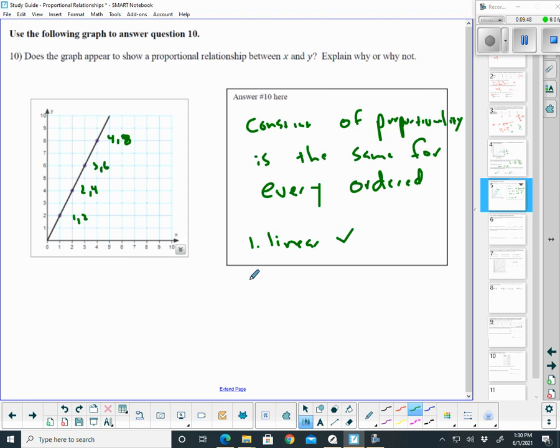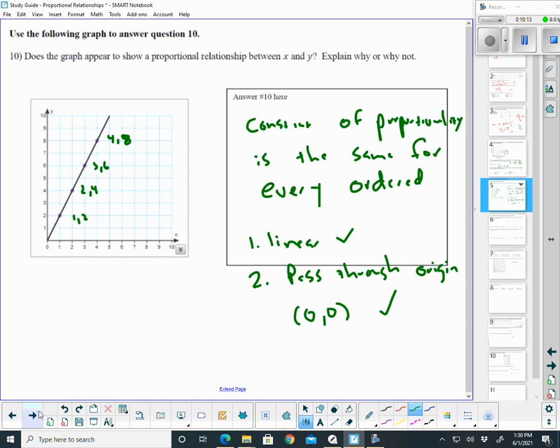And 2, it passes through the origin, which is the point 0, comma 0. So does that pass through the origin? Check. So those are the two properties that a graph of a proportional relationship has. So clearly we've given 3 reasons why this is a proportional relationship.